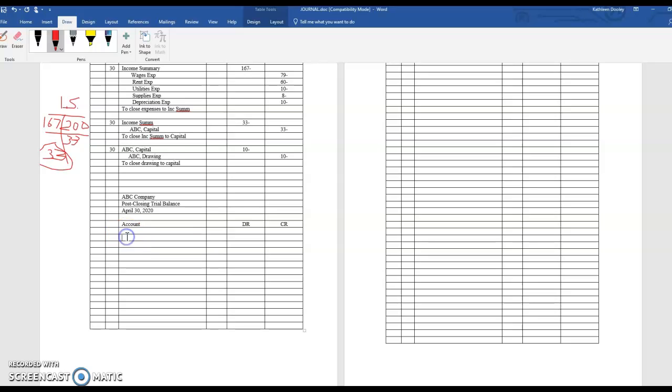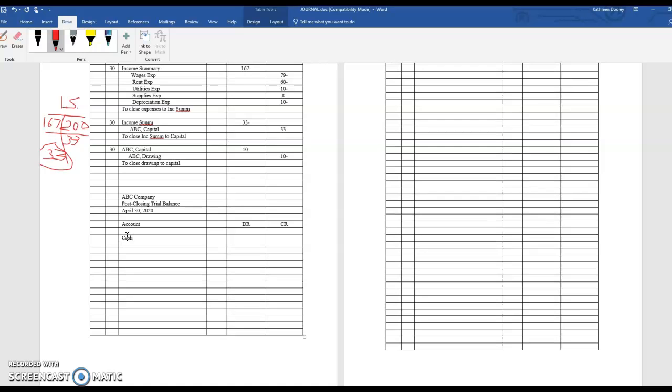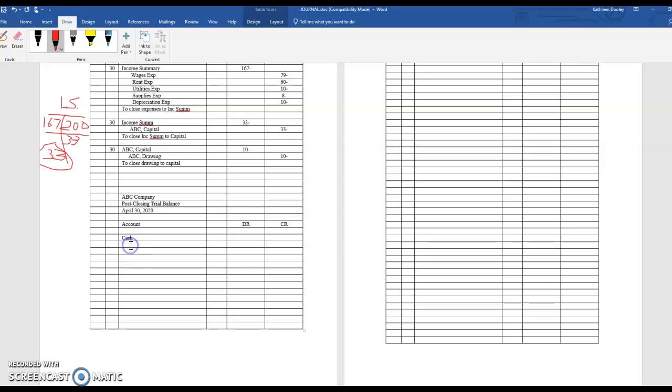Now I'm going to list all the accounts that still have a balance. So we have cash, accounts receivable, supplies.